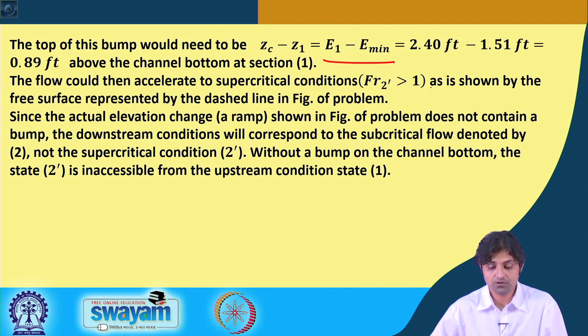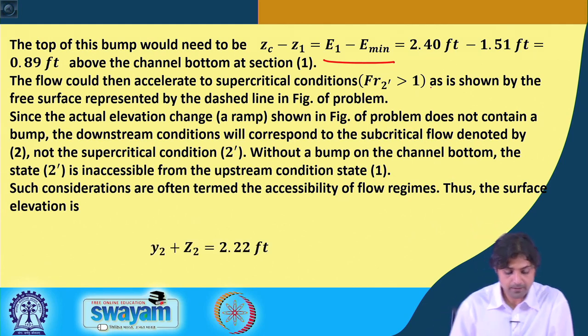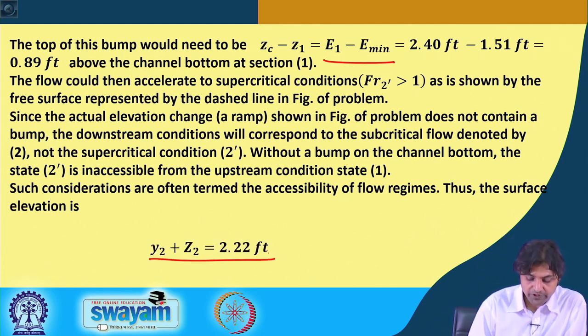will correspond to the subcritical flow denoted by 2, not the supercritical condition 2 dash. Without a bump on the channel bottom, the state 2 dash is inaccessible from the upstream condition state at 1. Such considerations are often termed the accessibility of flow regime. Thus, the surface elevation is 2.2.